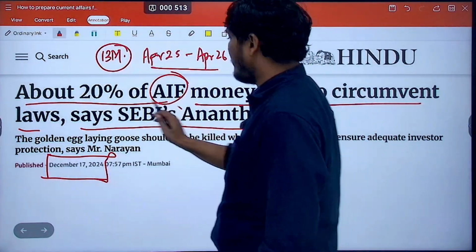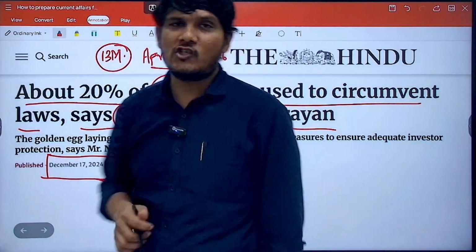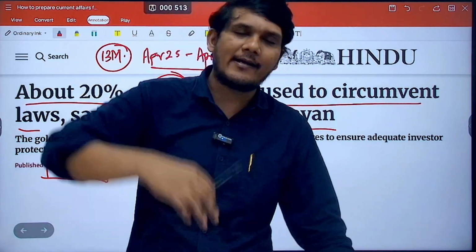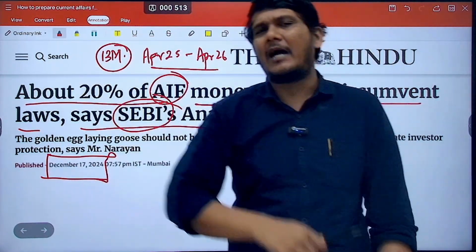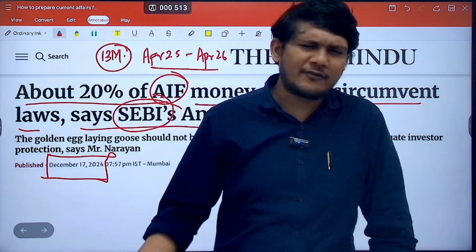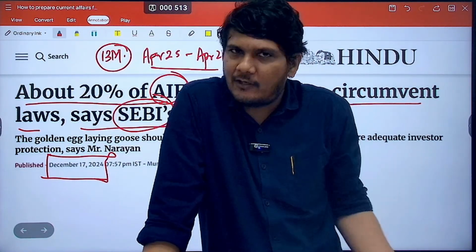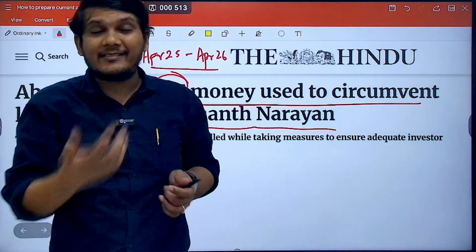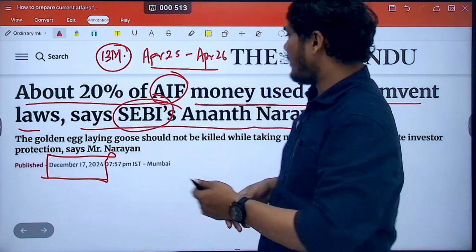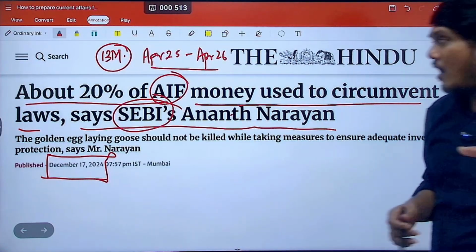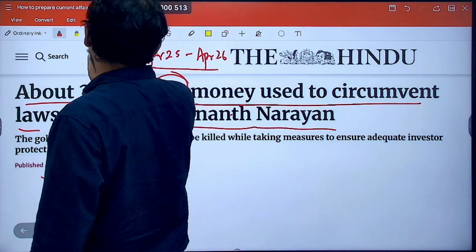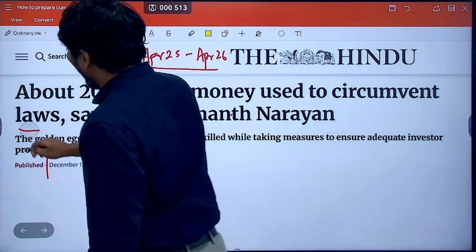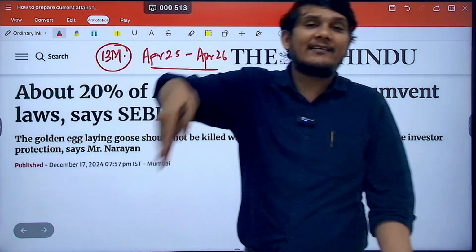SEBI is the Securities and Exchange Board of India, the regulator of the capital market and of various funds, venture capital, hedge funds, bonds, etc. Alternative investment funds are also regulated by SEBI. Its representative, Mr. Ananth Narayan, is saying that about 20% of this money has been used for circumventing the law. Circumventing means sidestepping the law.